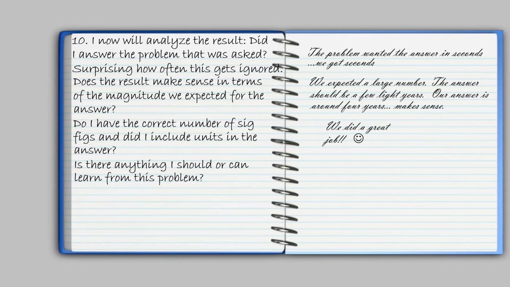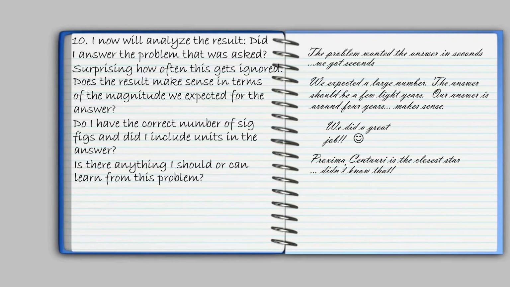Finally, is there anything more we can learn from this problem that we didn't know before? Problems are not meant just for practice, but many times can teach us more about the science. Maybe there was a math trick we discovered that was handy, or maybe we learned an important scientific concept that wasn't in the chapter text or lectures. Maybe we simply were surprised by the result.